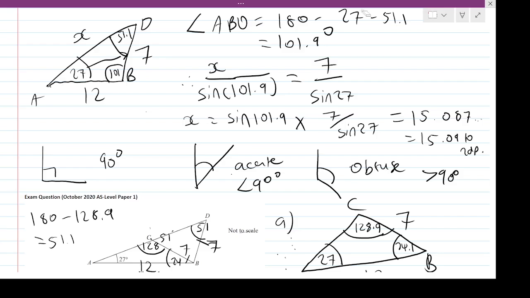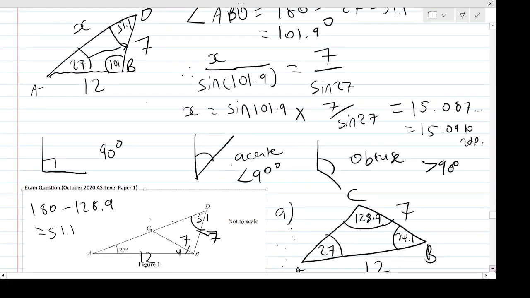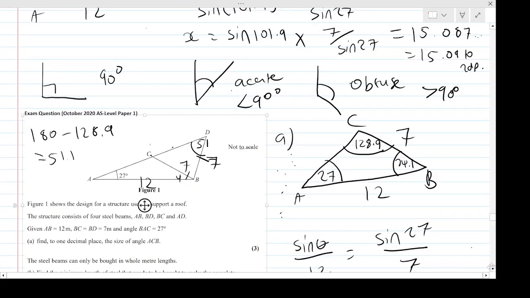If I then get rid of these angles in this diagram, I know this side AD is 15.09. So now I have all 4 sides, so now I can work out the perimeter, because it's talking about adding steel beams to the edge of the structure.